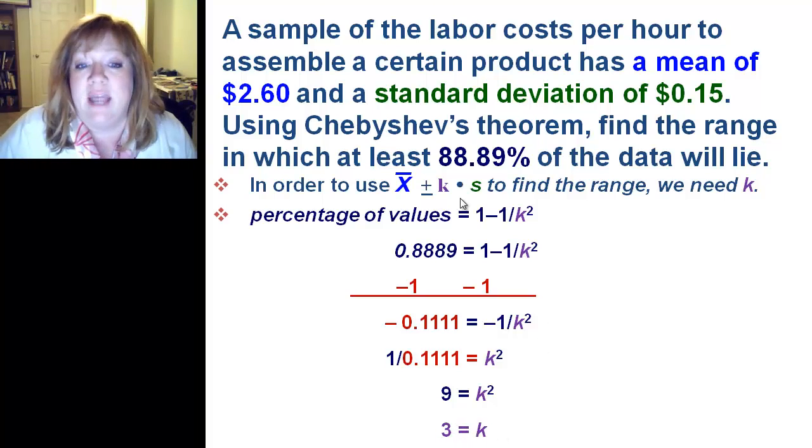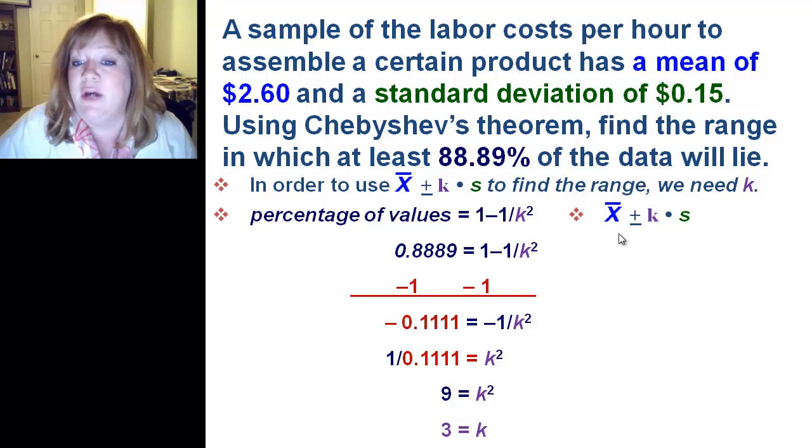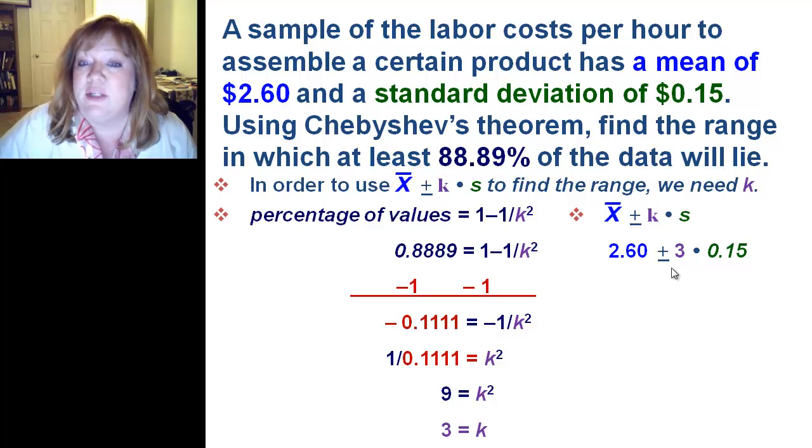Now that you know what k is, you can use this relationship, the mean plus or minus k times your standard deviation, to find the range of values that fall in that percentage from the mean. So I'm going to put 2.60 plus or minus 3 times 0.15. Standard deviation was 0.15, 3 is my k, and 2.60 was my mean.